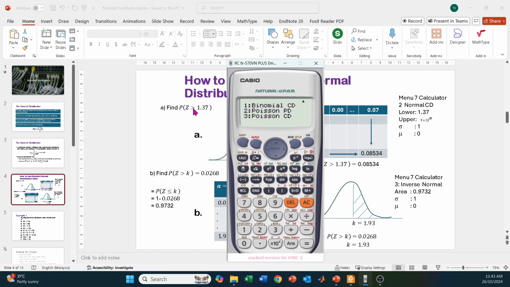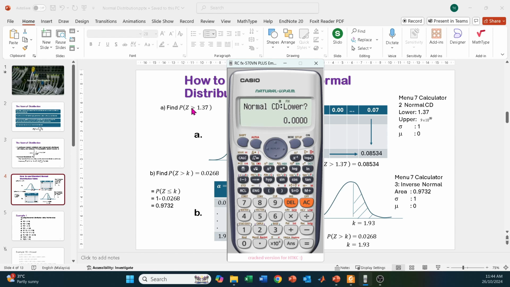Okay, if you want to use your scientific calculator, find the probability of Z greater than 1.37 normal. Under the distribution menu or mode, since it is greater, you should use normal CD, number 2.